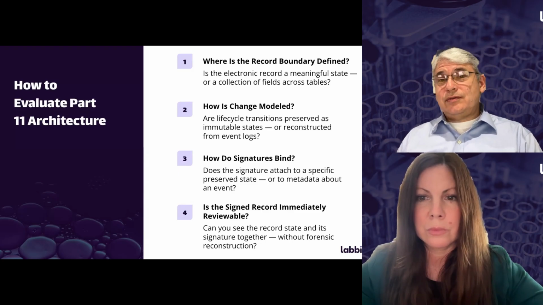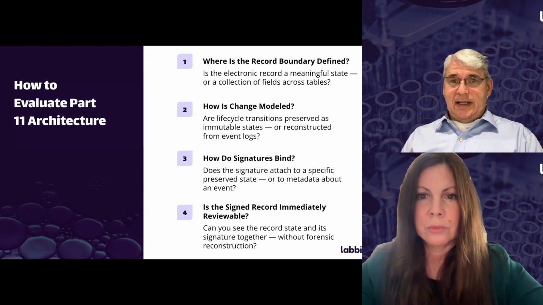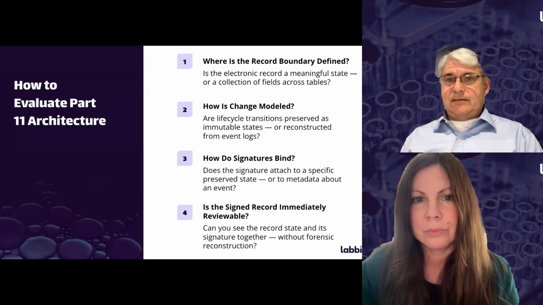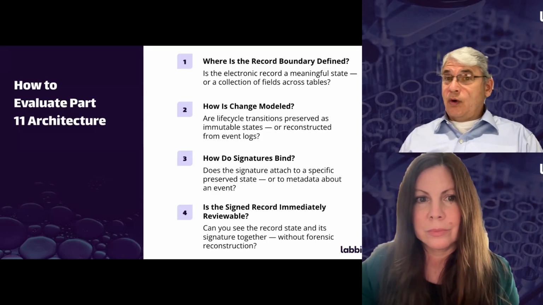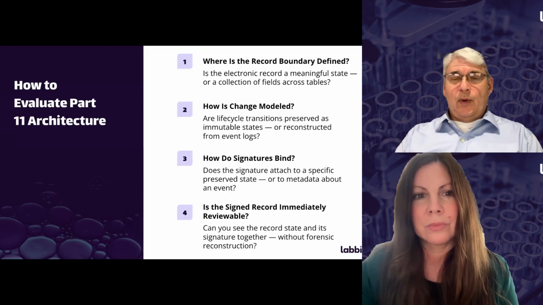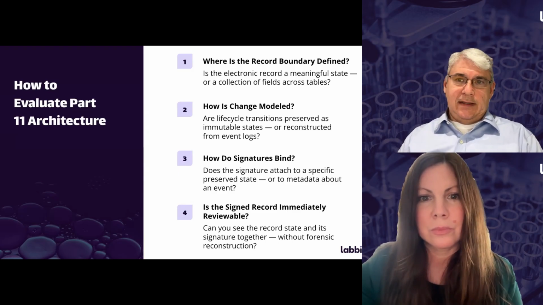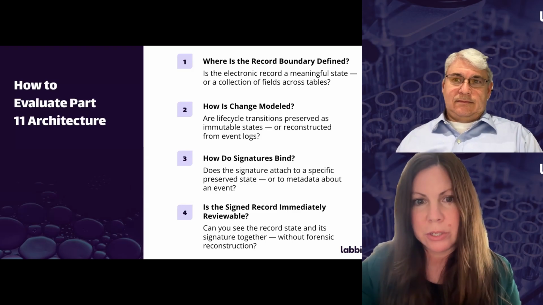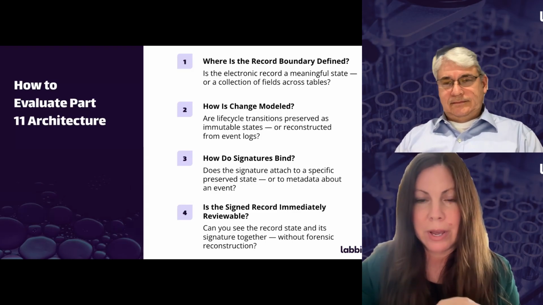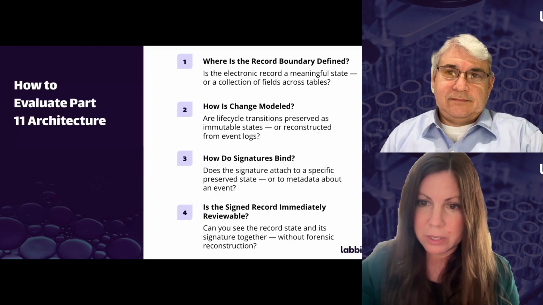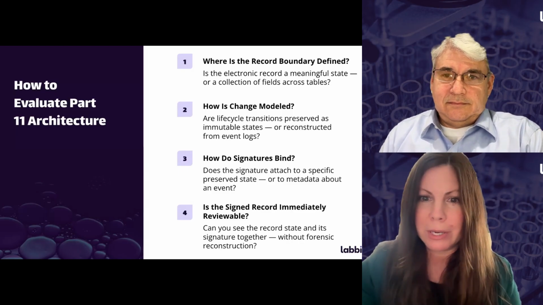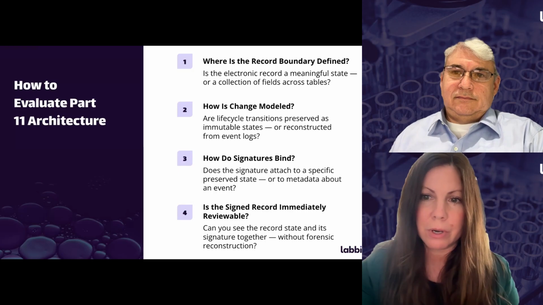Number two, do you have to reconstruct the history of what happened in an audit? Or do you have a clear, unambiguous story, a timeline of exactly what happened from beginning to end? And thirdly, what do your signatures bind to? Do they attest to that preserved state of the electronic record, or are they really aligned more to the metadata that has been captured within that record?